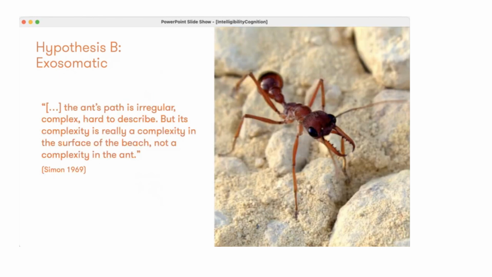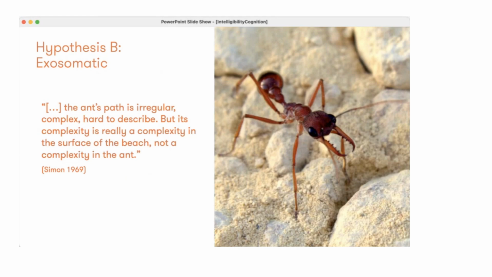Now, I think we all think that we do the former, but perhaps we're a little bit like Herbert Simon's ant here, which I've just taken a little clip from Simon's Sciences of the Artificial, where he describes the path of an ant along a beach as being really complex. We look at it from the outside and we attribute the complexity to the ant.